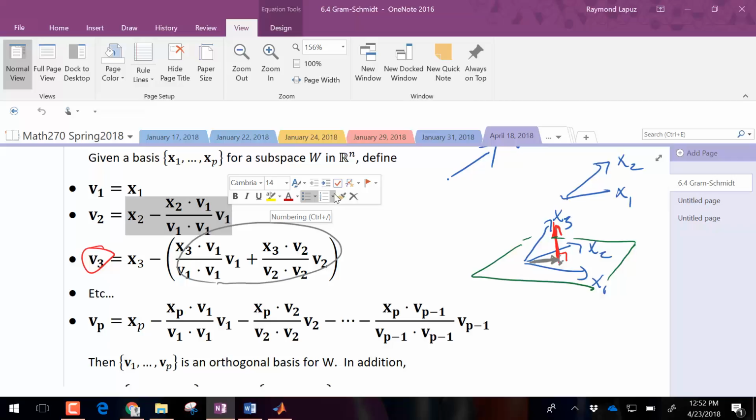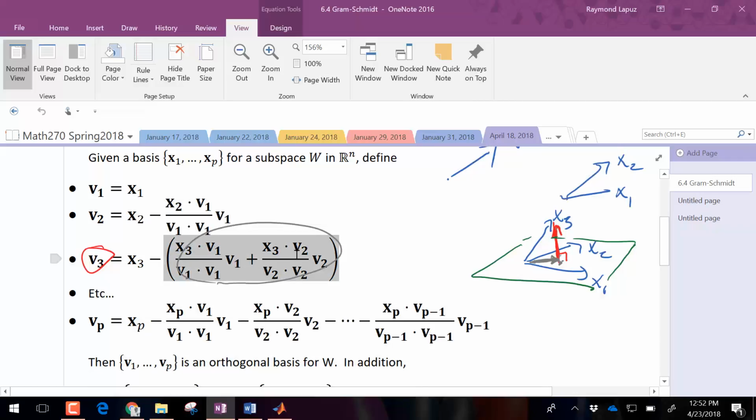Now from there, we're going to redo the same thing by projecting v3, the third vector in your set, onto the plane, the space that spans the first two vectors, v1 and v2. And this thing that's highlighted right now is the actual orthogonal projection.